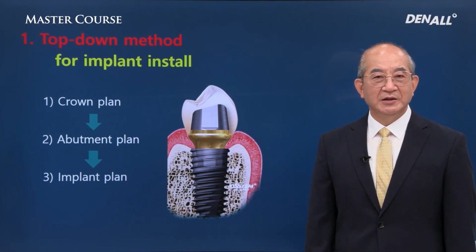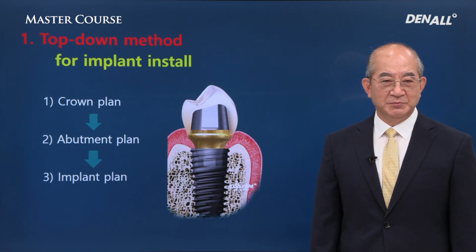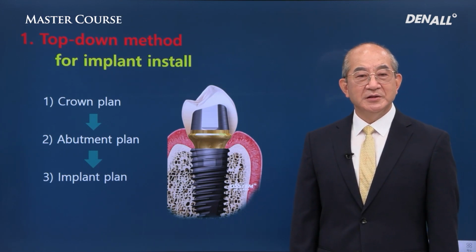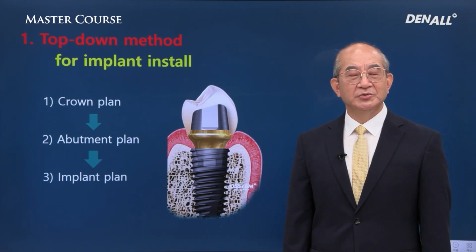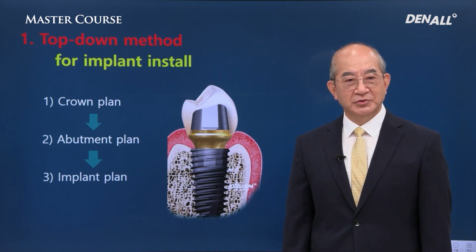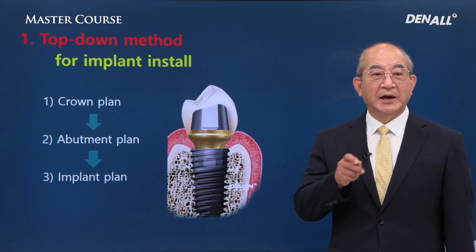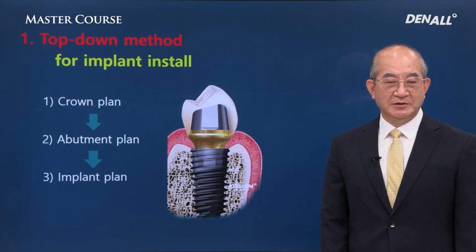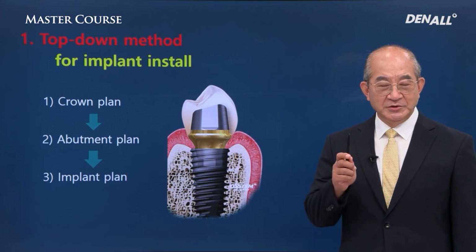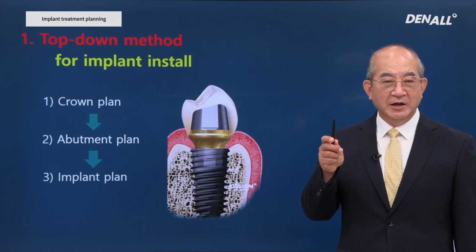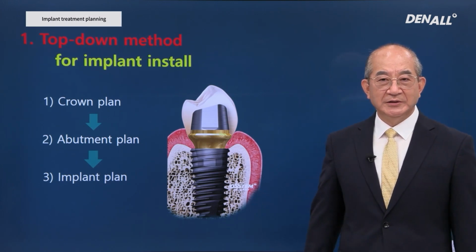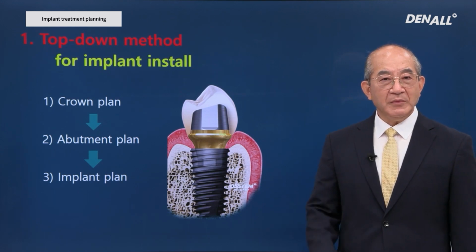In this case, in order to plan for implant placement in posterior missing area number 36, first you need to think about the crown, which goes on the very top. Second, if you have decided upon the prosthesis, then you need to think about the size and angle of abutment which connects implant and crown.